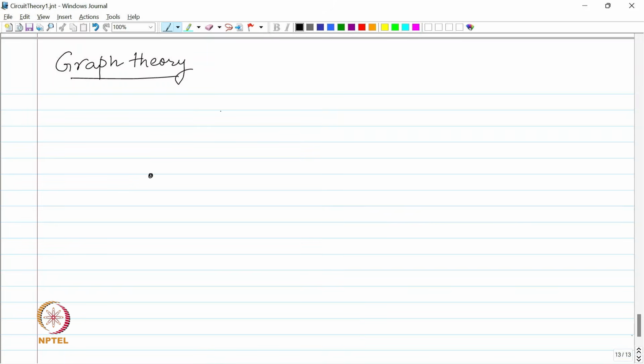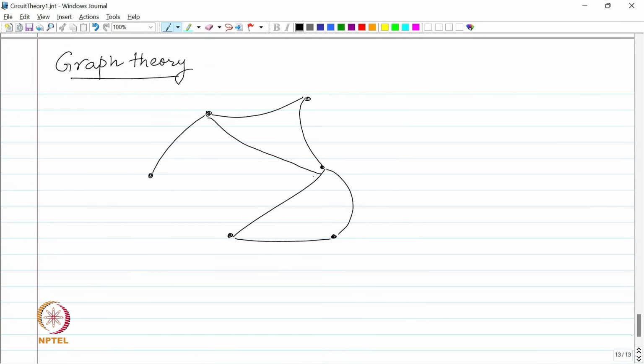So, I can have a bunch of nodes, all right, and some branches, some connections between these. So, this is going to be called a graph.